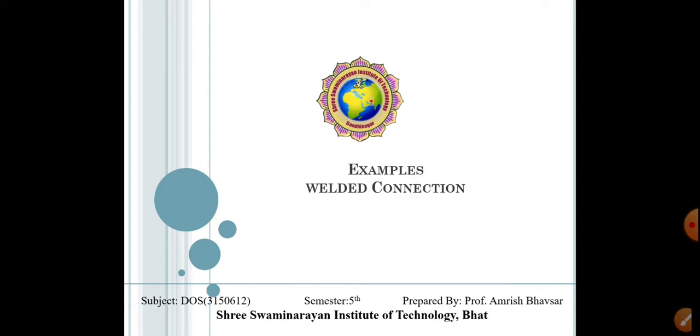We also discussed the minimum size and maximum size of welding, referring to pages 78, 79 and 80 in IS 800:2007. We also discussed how we can find the design strength of welding in the field and in the shop. It gives us two values of fwd, 189 Newton per mm square as well as 158 Newton per mm square. These things we discussed in our previous lecture.